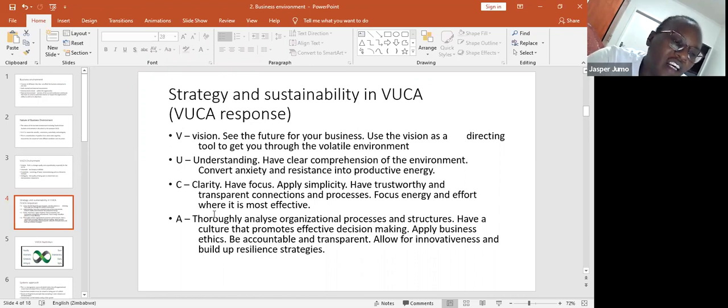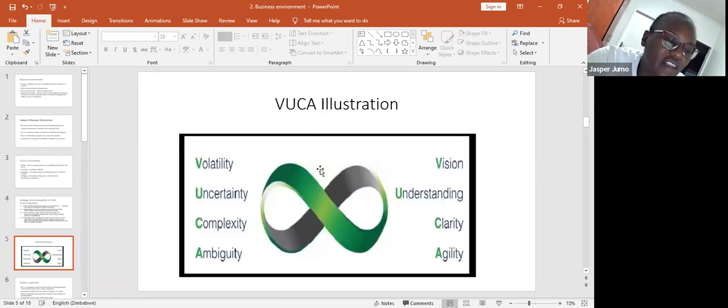So in general, this is the environment that we operate in. And then we have this illustration there. I'm sure even in your study guide it's there, which shows VUCA. On the left-hand side, we have the challenges, the VUCA environment: the volatility, the uncertainty, the complexity and ambiguity.